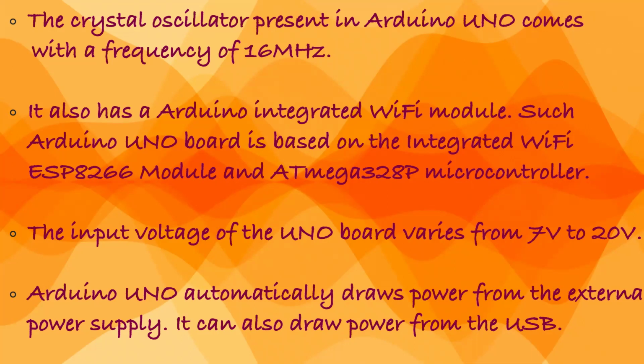The input voltage of the Uno board varies from 7 volts to 20 volts. Arduino Uno automatically draws power from the external power supply, and it can also draw power from the USB.